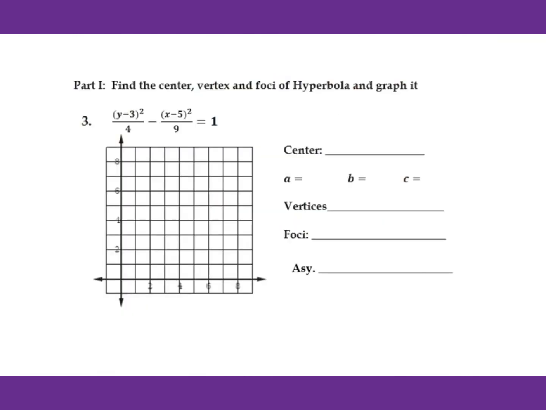Now let's sketch a graph according to that strategy. First of all, we know this is y squared minus x squared, which means a vertical hyperbola. We do the square root of 4 equals 2, and the square root of 9 equals 3. a is the medial end, so a equals 3.